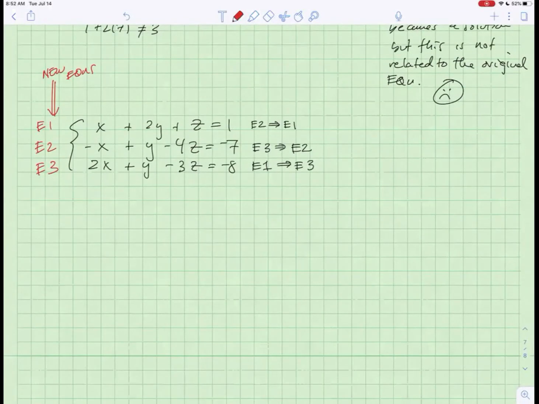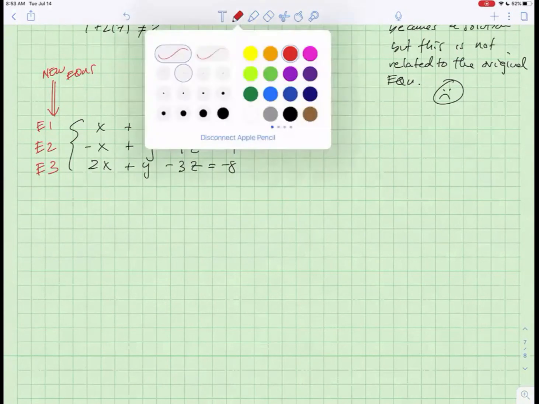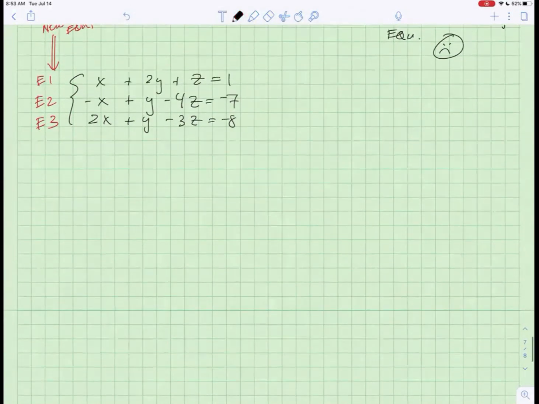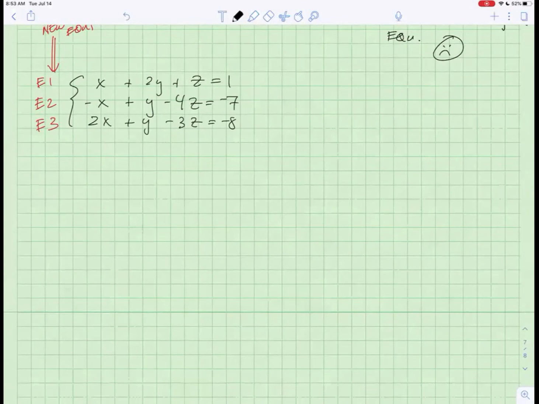So then what I can do, sort of ignore this stuff. That was the last set of EROs. Whoops, come on. I can get a new system here. So I'm going to start to do some elimination.